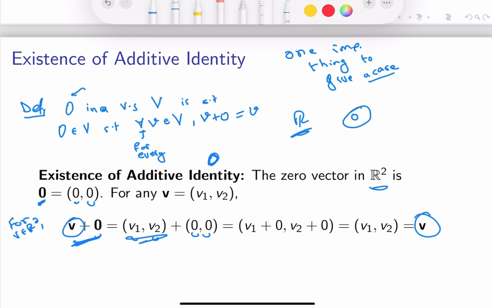And we can easily see that the only element that does nothing to this element v is the 0 vector. So we take zeros in both entries and we add these element-wise. We add this to this, and we add this to this, and we have exactly v back. So this is the existence of the additive identity.